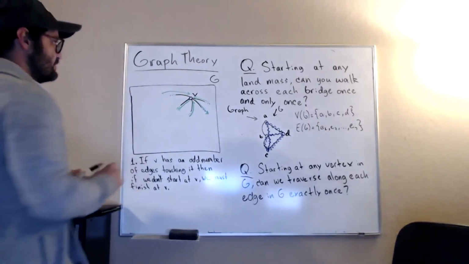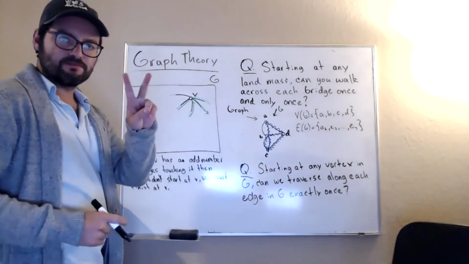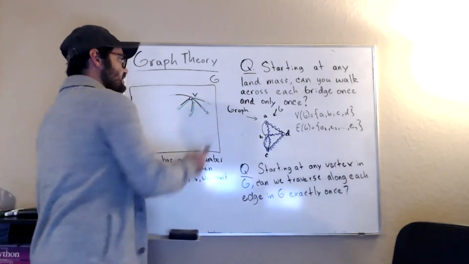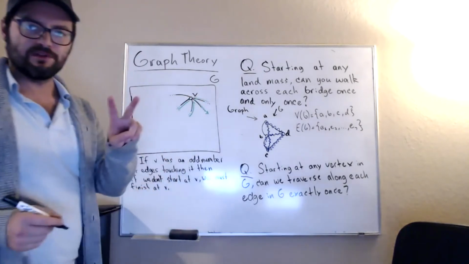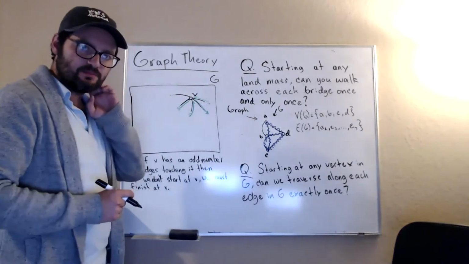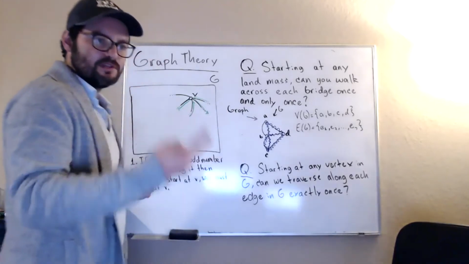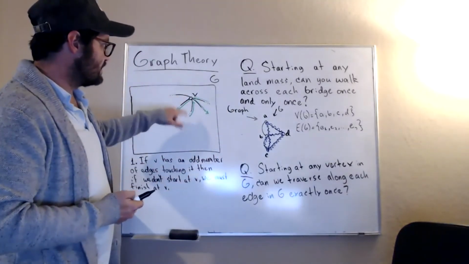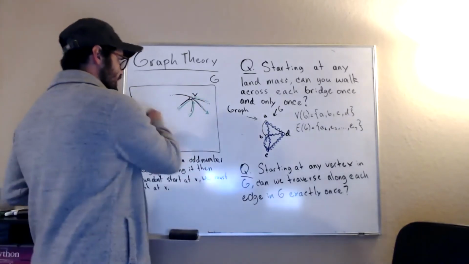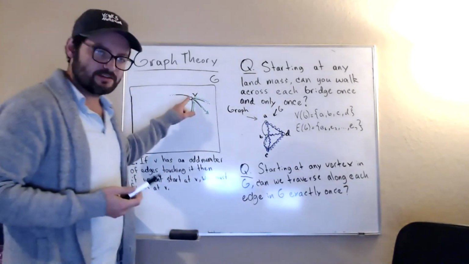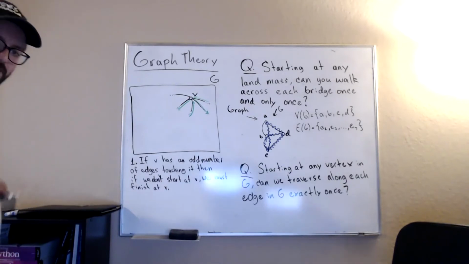And the reason is because if we don't start there, whenever we come in and we leave, we use two edges. Come in, we leave, two edges. And then when we come back in, leave, we use two edges. Because there's an odd number of edges, eventually we come in, leave, we're using two each time, which means eventually we're going to leave and there's going to be one last edge left. Which means the next time that we come into V, we're stuck. So if we don't start at V, we must finish our walk at V.